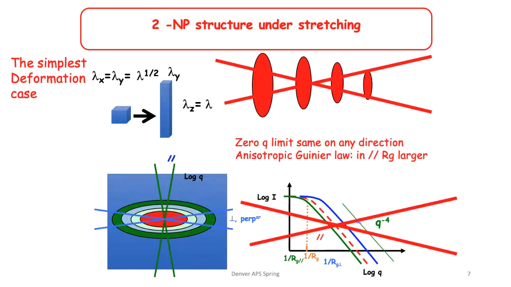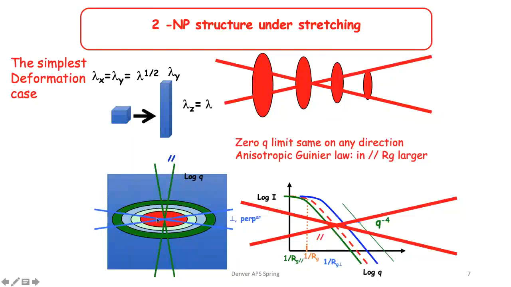The very simplistic idea would be to say that your system is deformed affinely to this macroscopic deformation, which would mean that all the nanoparticles are deformed as ellipsoids, and the distances between the different nanoparticles are also deformed affinely to the macroscopic deformation. And this would lead to a scattering which has the shape of ellipses, centered, of course, on the center of the beam.